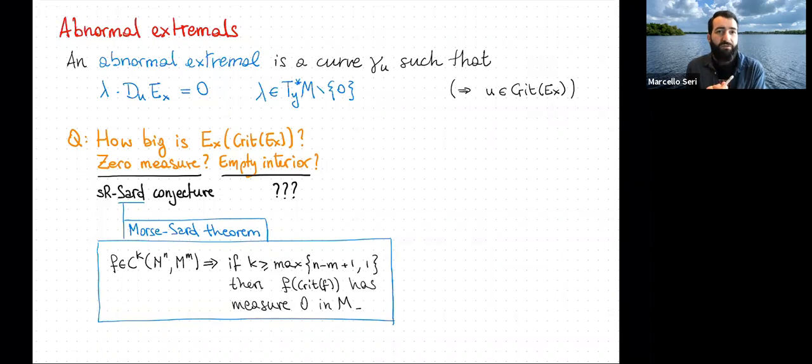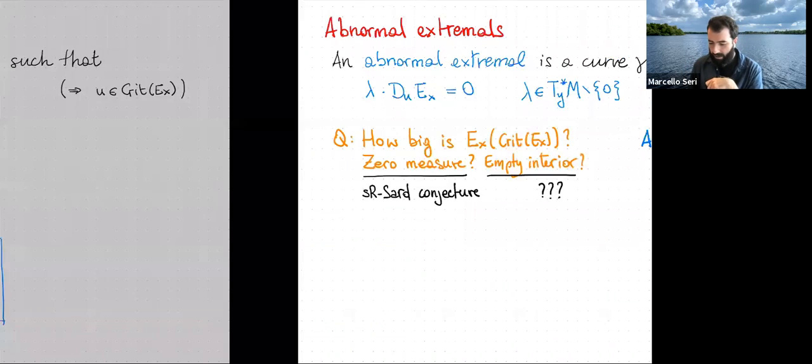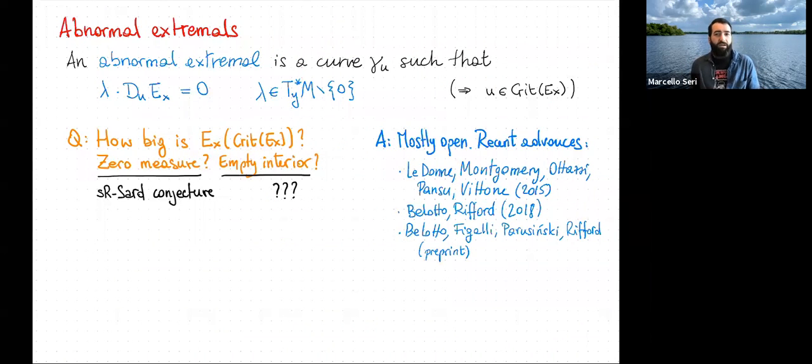So how big is the set of critical points for a sub-Riemannian structure? Is it measure 0? Does it have empty interior, like in the Riemannian case where things are known? This is mostly open. There are a few papers that confirm that there's empty interior. There are some that say that in certain cases it is measure 0.